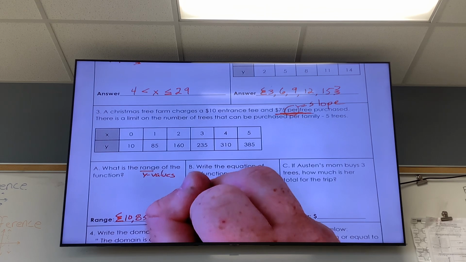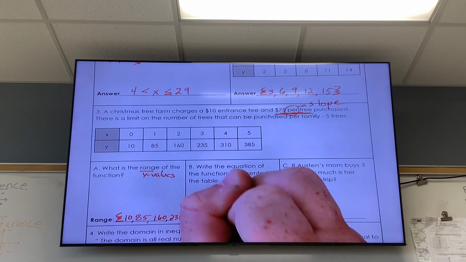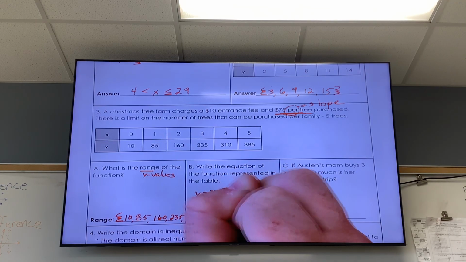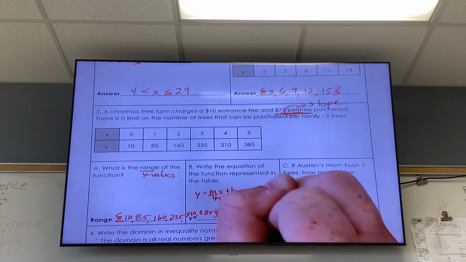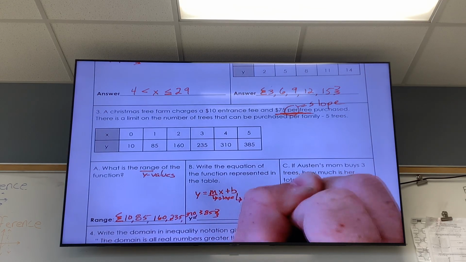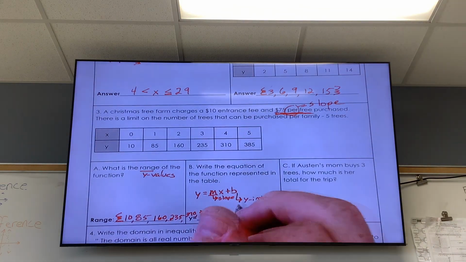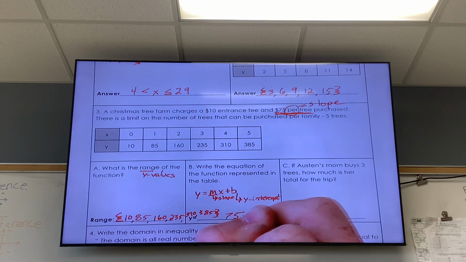So we have y equals mx plus b, where m is our slope and b is our y-intercept. So we're just going to plug this value of 75 in for our slope. So we say y equals 75x.